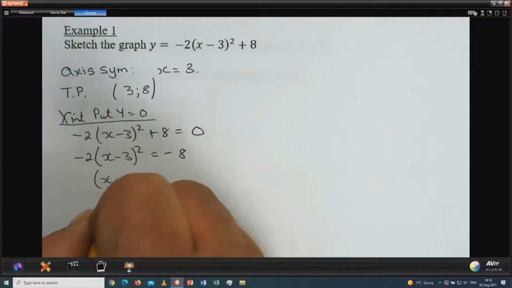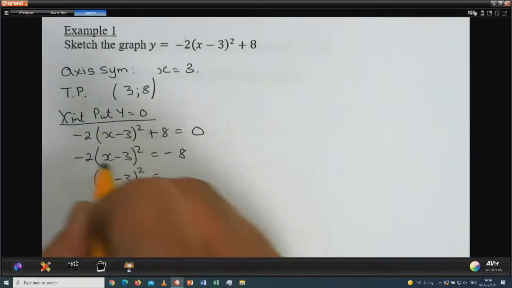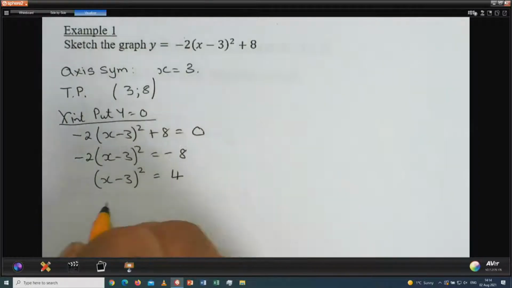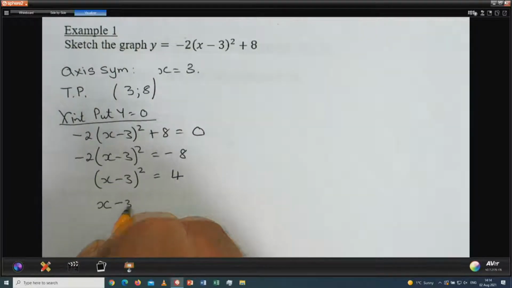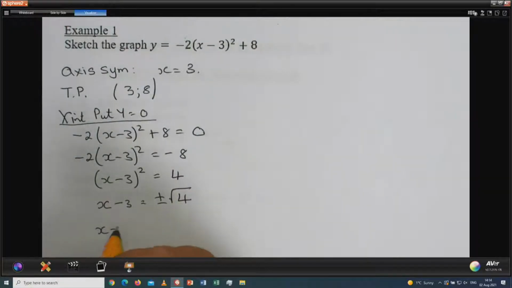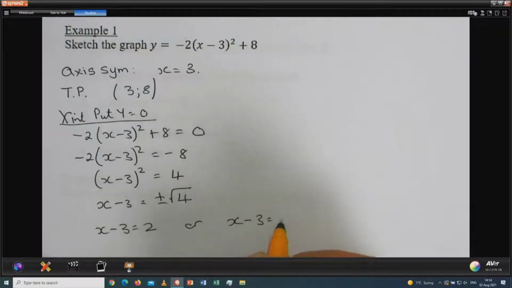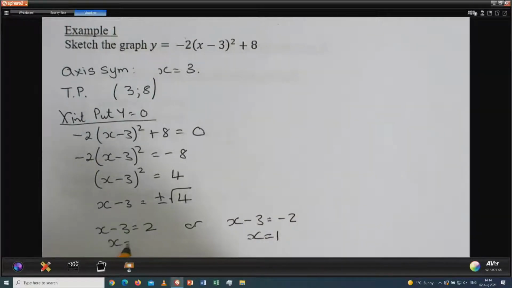So x minus 3 to be squared is equal to, divide negative 8 by negative 2, we get 4. So x minus 3 is equal to plus minus square root of 4. So x minus 3 is equal to 2, or x minus 3 is equal to negative 2. So x is equal to 1, or x is equal to 5. So x-intercepts are 1 and 5.